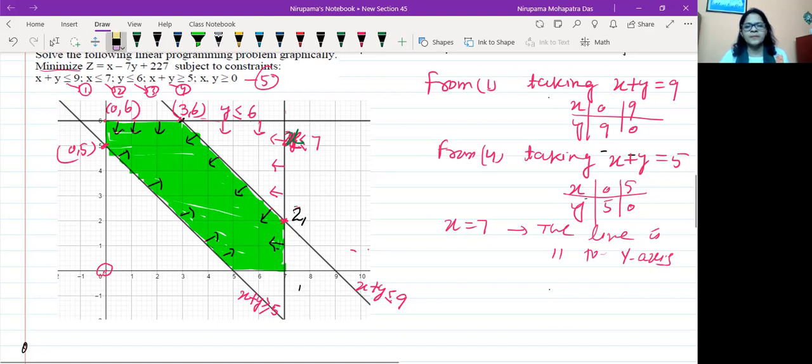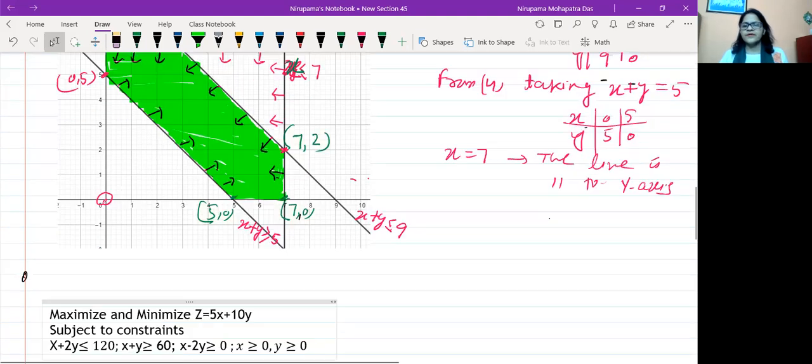Here x equal to 7, so y equal to 2. Now this point is obviously x equal to 7, so 7, 0. And this one is 5, 0. You have so many corner points, but finding the points is not difficult.